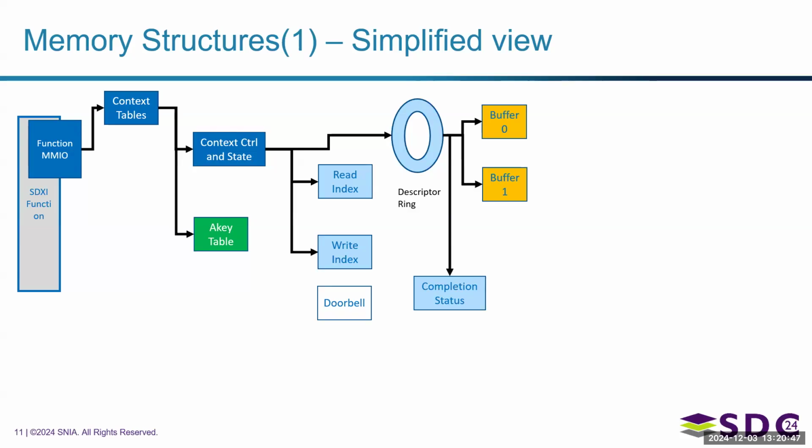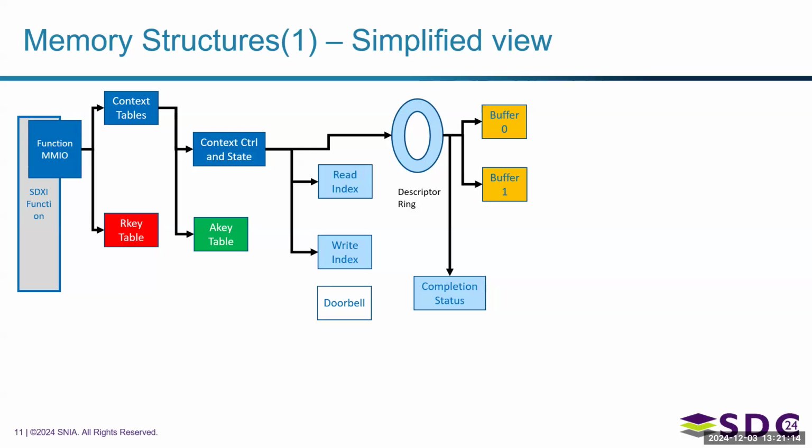And there is a concept of an A key table, which is basically all the address spaces that this function is allowed to access. For example, if you had two VMs and you wanted to move one VM to the other VM, each VM would be an address space, and the A key table will have information related to that address space. There is another concept of an R key table, which is the receive side control.